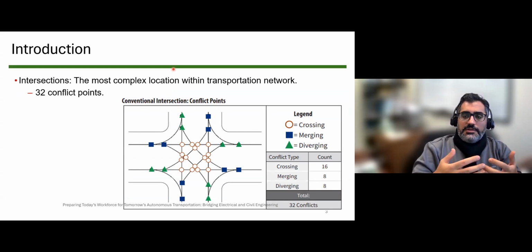If we consider that there are three possible movements, turning right, going through, and turning left, from each approach of a four-leg intersection, and consider pedestrian activity as well, we can face several conflict points that may be manageable without any intervention of traffic engineers, or maybe we require some interventions.